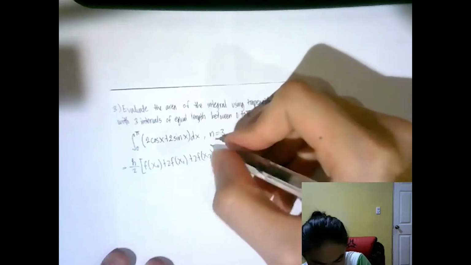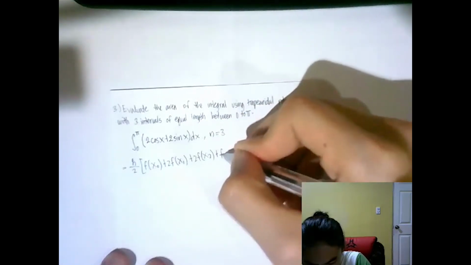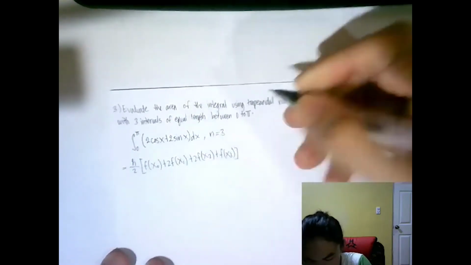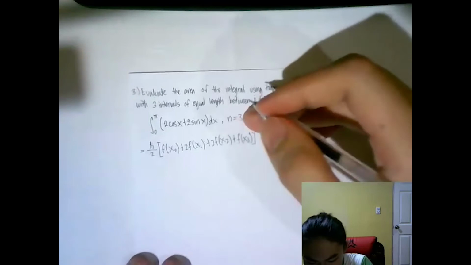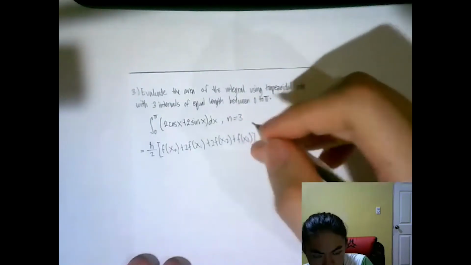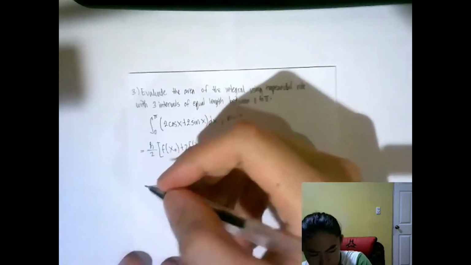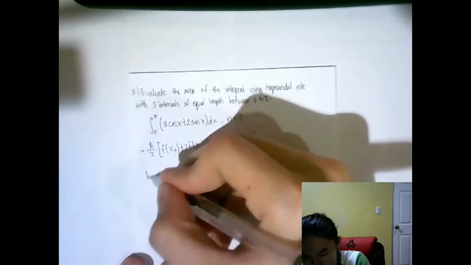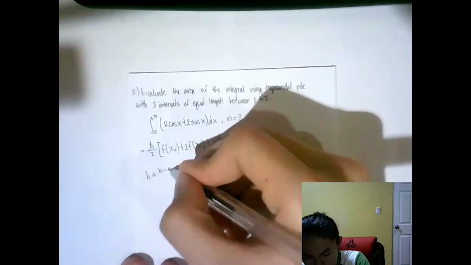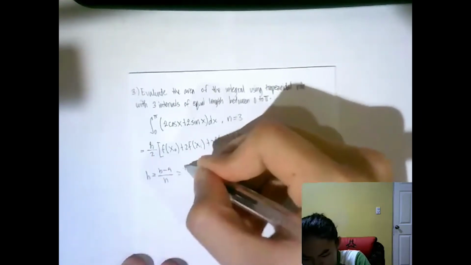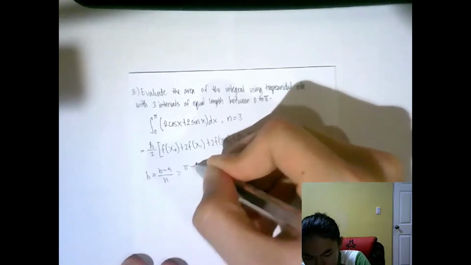Now, ang next step is to find our h with this formula. Upper limit is pi, lower limit is 0, n is 3, so we have an h of pi over 3. Multiplying pi over 3 into the denominator, 2, we'll have pi over 6.